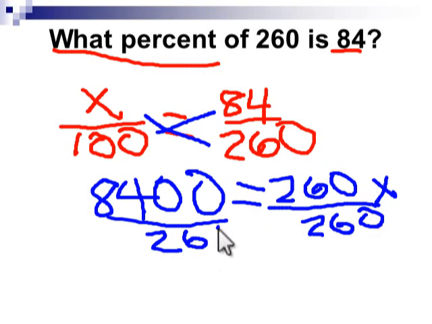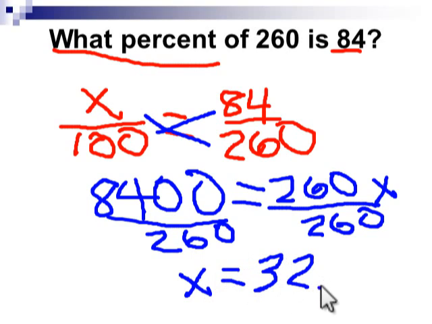And when you divide by 260, this is where I got my accidental answer the last time. It is approximately 32.31%.